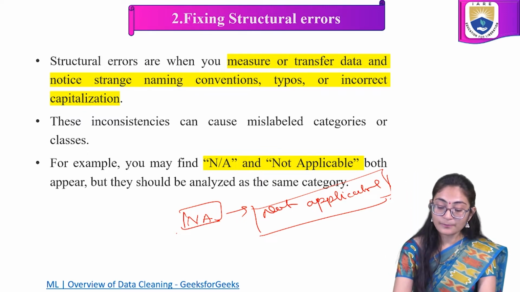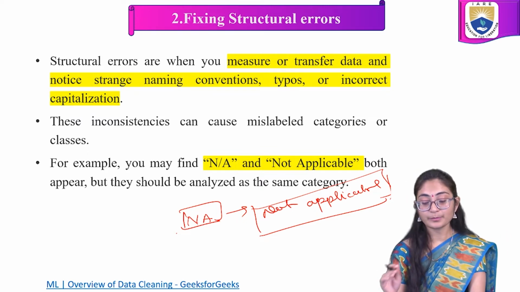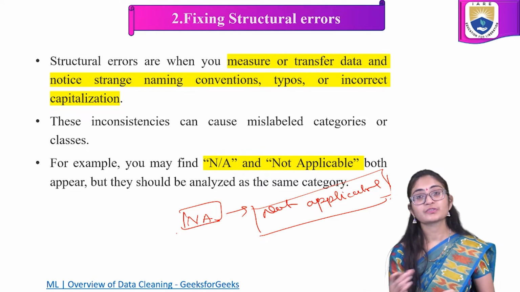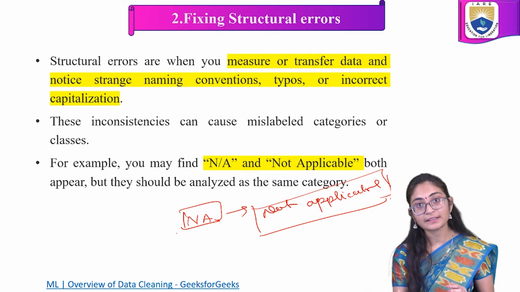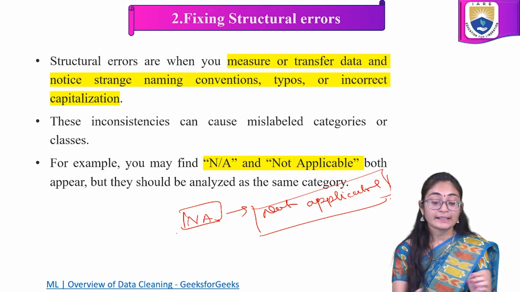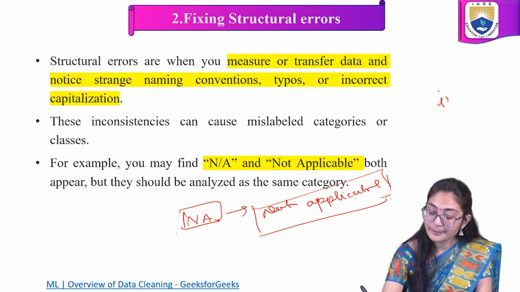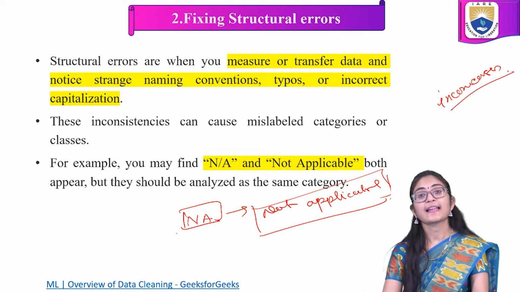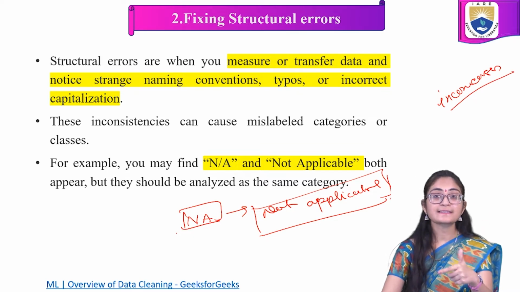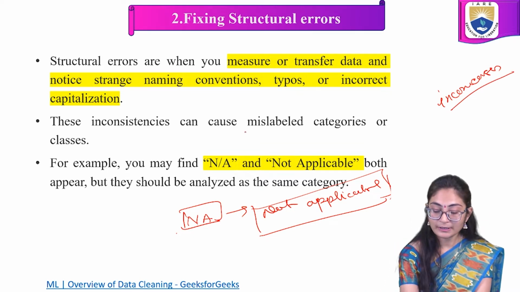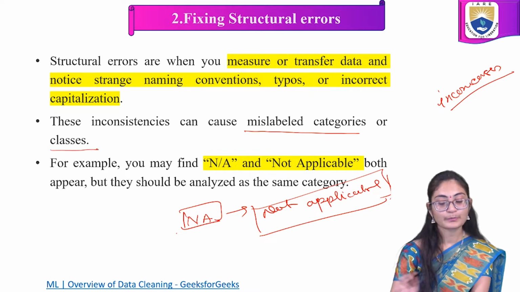If your data contains some strange naming conventions, some typos, and some incorrect capitalization, then there will be inconsistency, and those inconsistencies can cause mislabeled categories and classes.